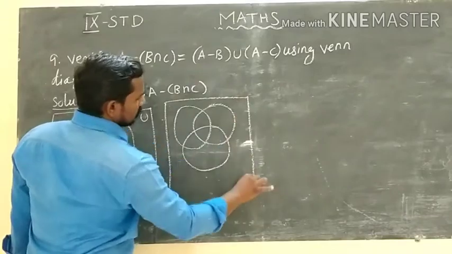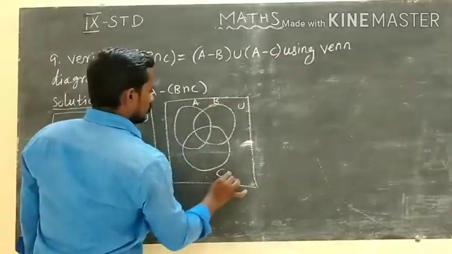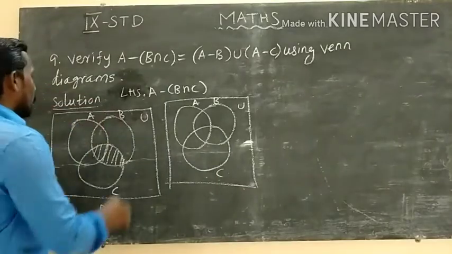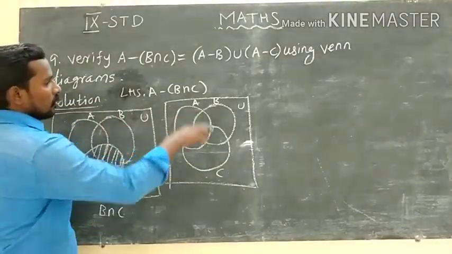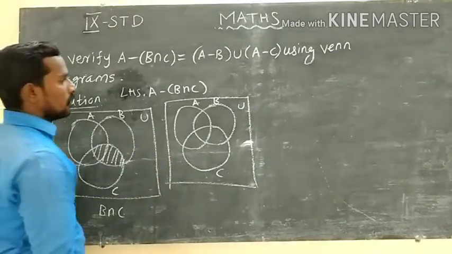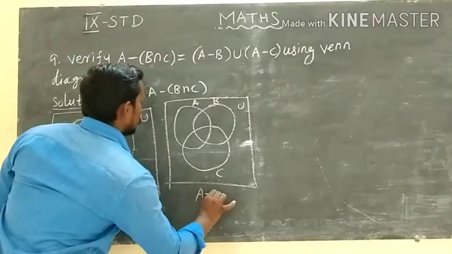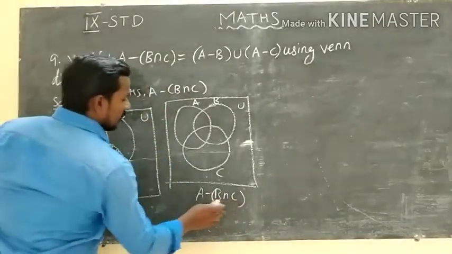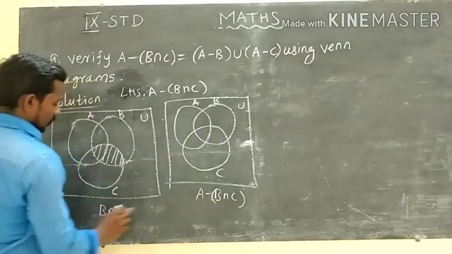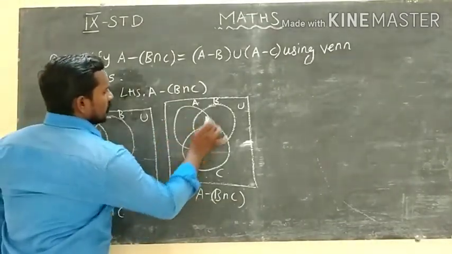Also draw three circles A, B, C. Here the universal set is not needed. Sometimes a complement is given, and then the universal set must be drawn. Okay, so A, B, C. The LHS, A difference (B intersection C), means omitting B intersection C from A. So omit this portion from A. This is for the A circle.